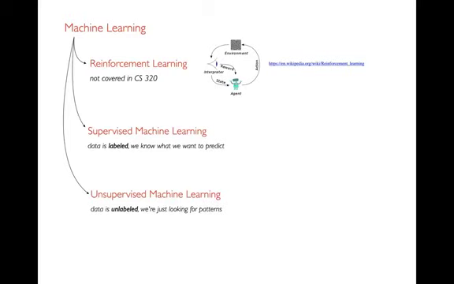We're not going to be doing that kind of work in this class. Instead, we're going to focus on two areas, which are supervised machine learning and unsupervised machine learning. In both of these cases, we just have all our data up front, and we're trying to gain information about that. Some people will say there's a fourth category of machine learning called semi-supervised, but we won't be talking about that here.